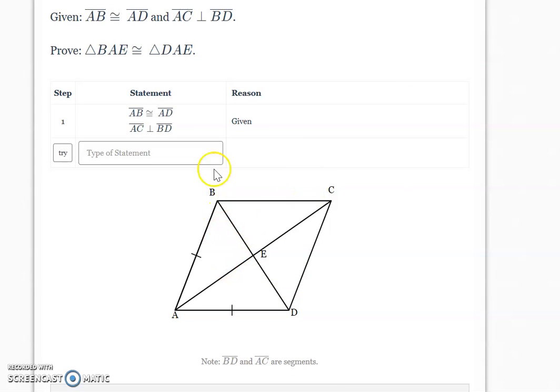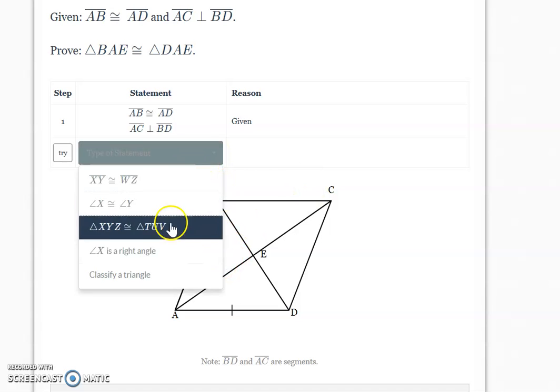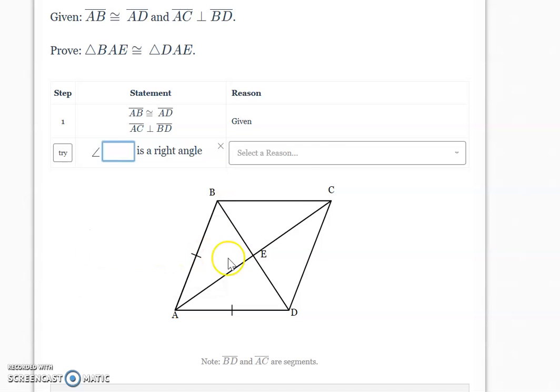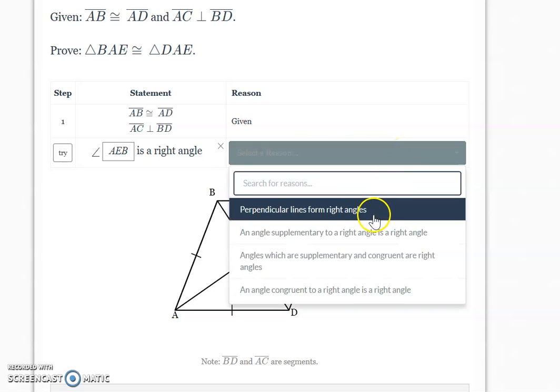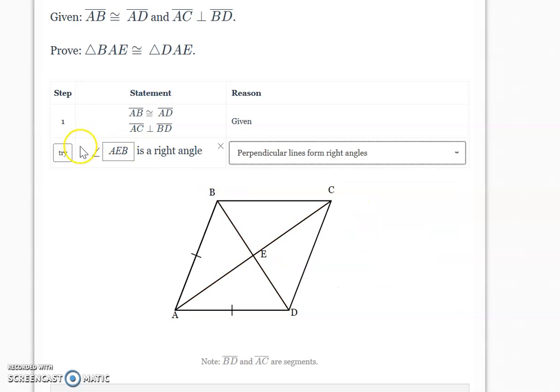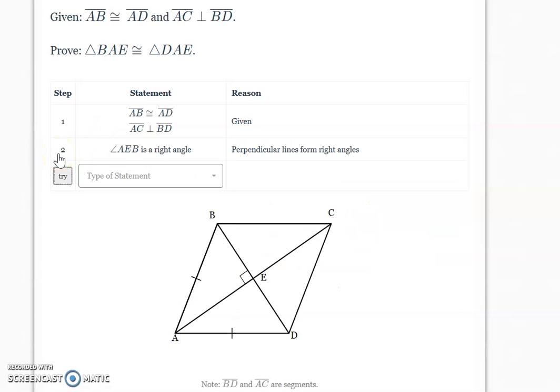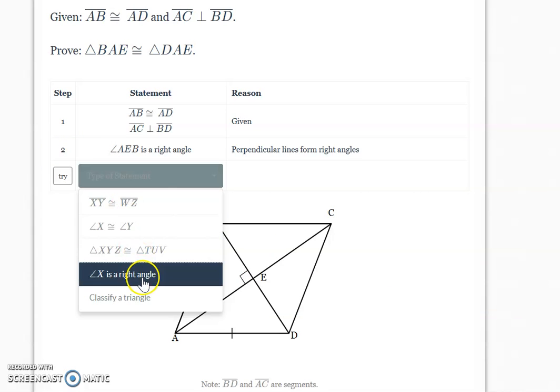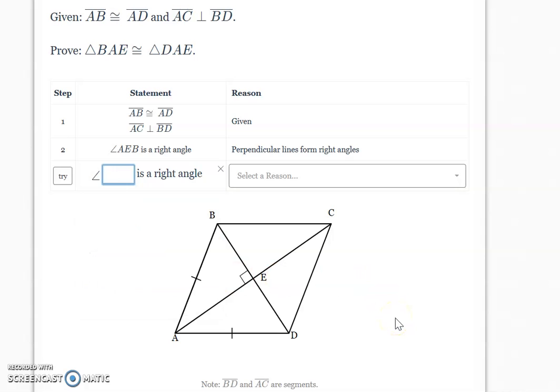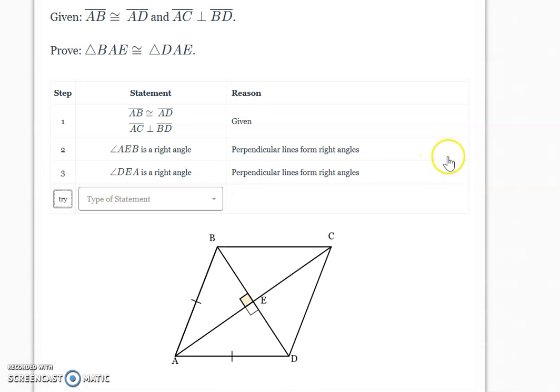All right, so first thing we need to do is say that AEB is a right angle because those are perpendicular. All right, and then we know DEA, which is this one, because those are perpendicular, so we have those two.